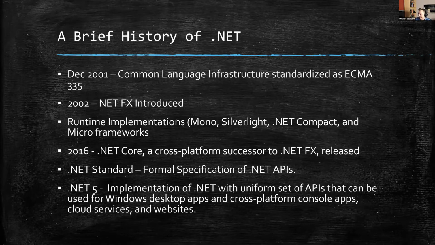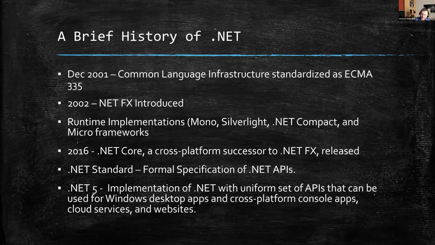And then in 2016, we had .NET Core, which was the successor to .NET Framework. The primary goal of .NET Core was to modernize the environment and to also be cross-platform. And we ended up getting a formal specification called .NET Standard as well.